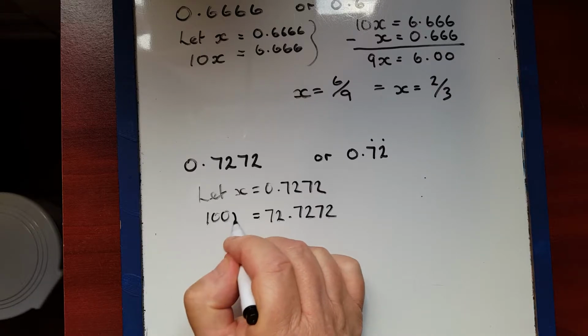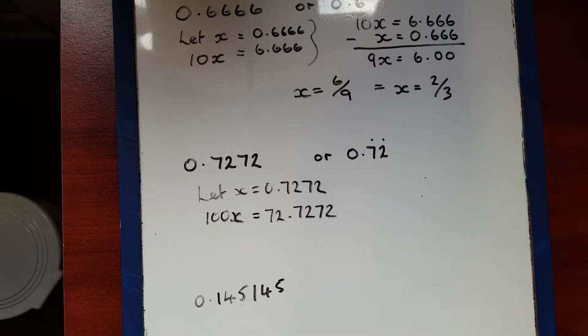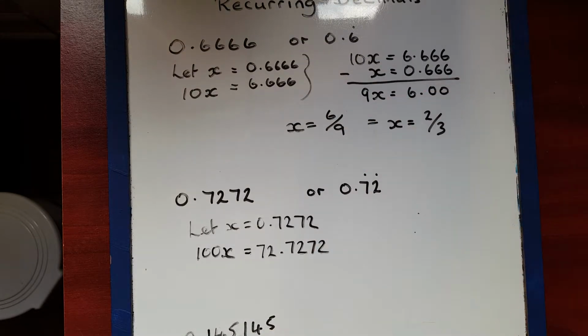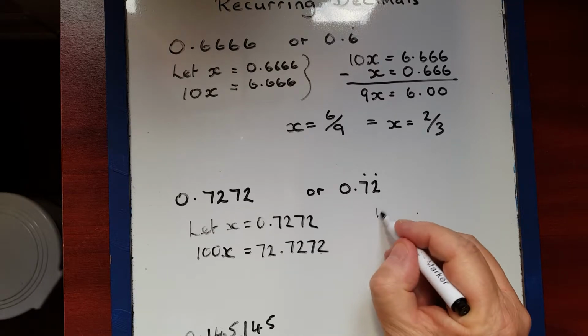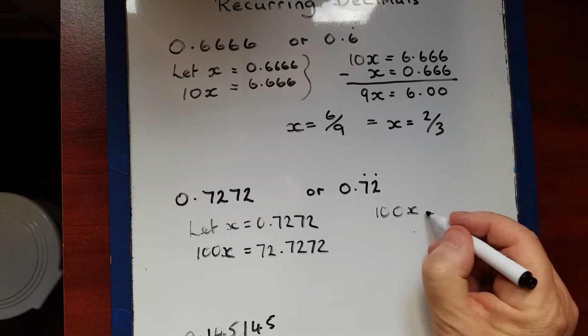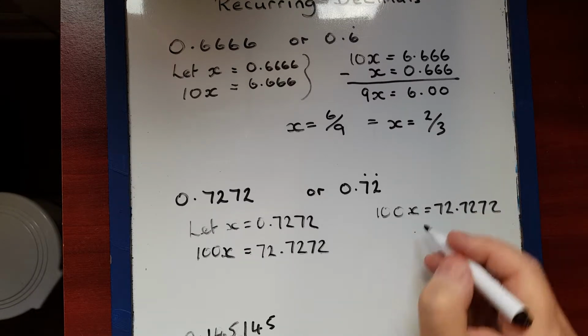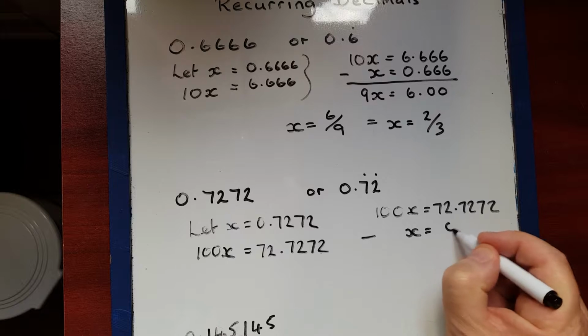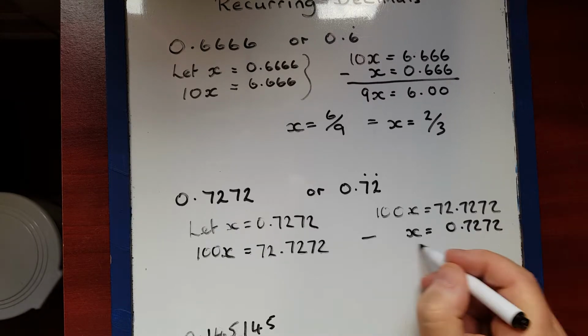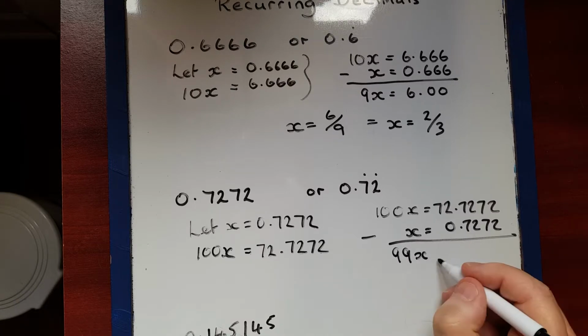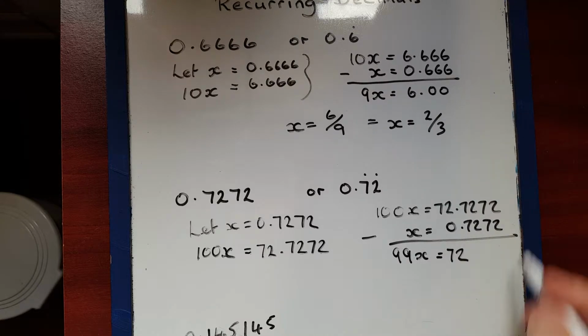So 100x makes 72.727272. Now, following the pattern that we had up here, it's the same sort of idea. So we do 100x, which was 72.7272, minus the original x, which was 0.7272, and that leaves us with 99x equals 72, and those obviously disappear.